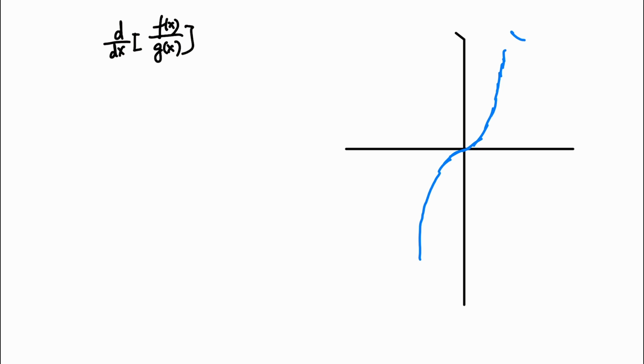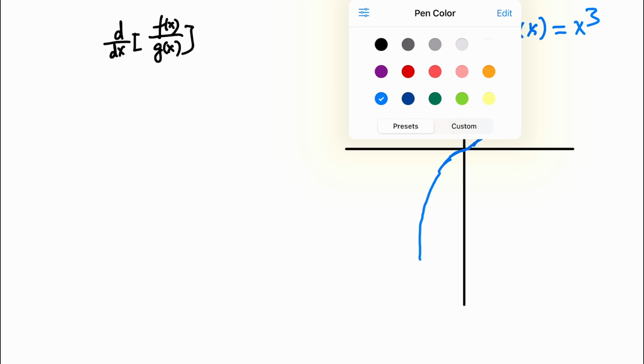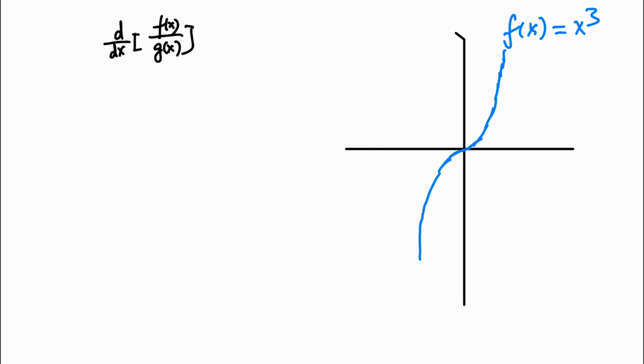If we have f of x is x cubed, and another, let's say a linear function, easier to deal with. I like linear functions. So g of x is equal to x.